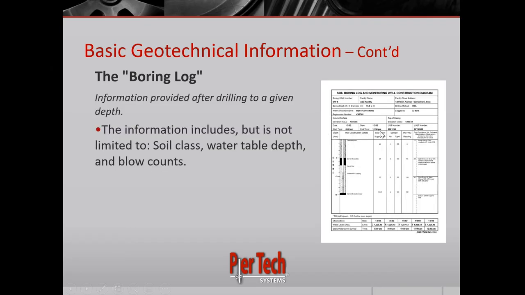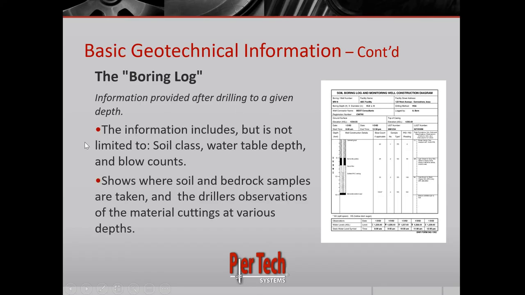If you look on the right side, this is what a typical boring log looks like. It'll have the location, maybe the day the bore was performed, along with the temperature, the start time, the end time, and any other relevant information, including soil classification, water table depth, and blow counts. They'll show the whole soil classification throughout the boring log.